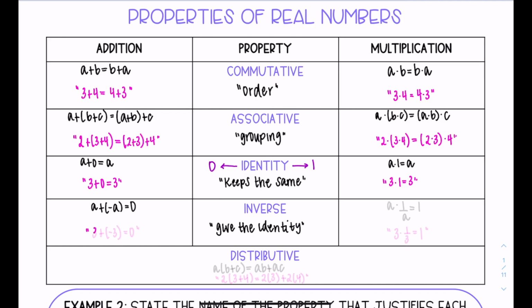If I said 3 plus negative 3, that gives me the identity of 0. For multiplication, when I multiply A by its reciprocal, which is 1 over A, I get the identity of 1. So 3 times 1 over 3 gives me 1.